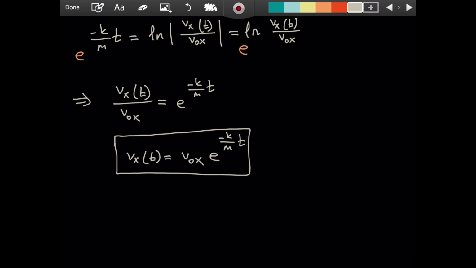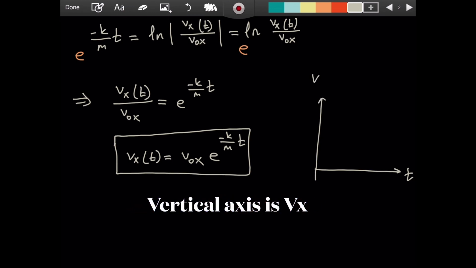If you want to sketch this qualitatively, it would look something like this. We have the t-axis and the velocity. When we plug in 0 for t, e to the power of 0 gives us 1, so the initial value is v naught x, and I am taking v naught x to be positive.